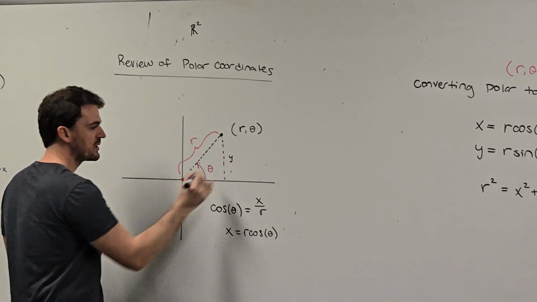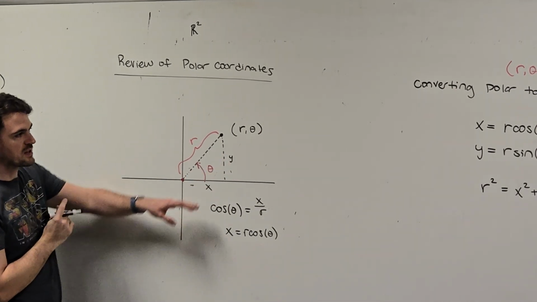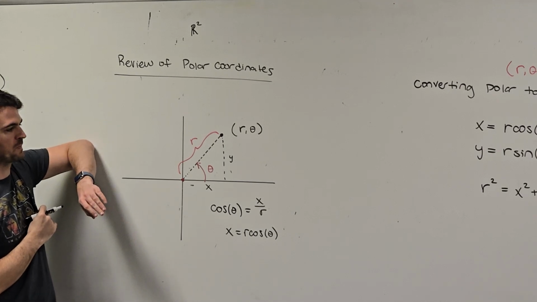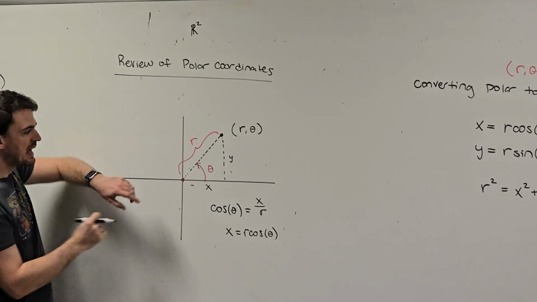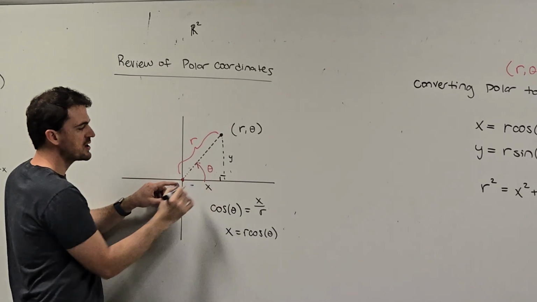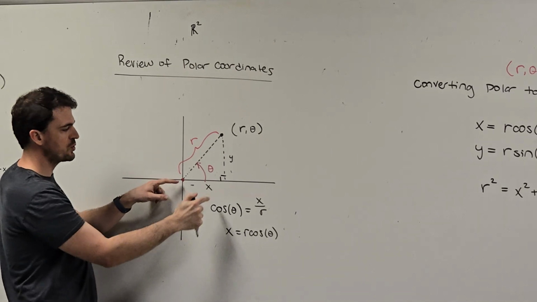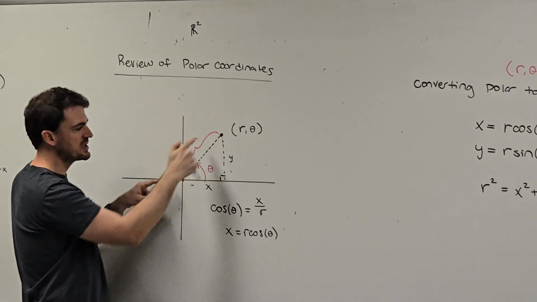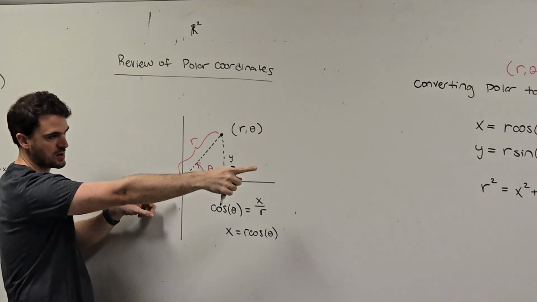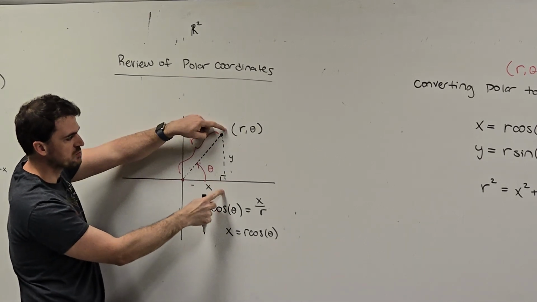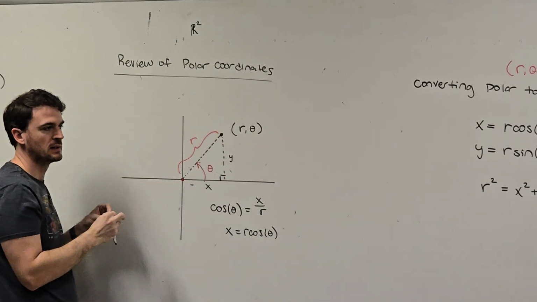Similarly, if we call this y, you would land on r sine θ. And because this is a right triangle, a squared plus b squared equals c squared. Well, there it is: x squared plus y squared equals r squared.